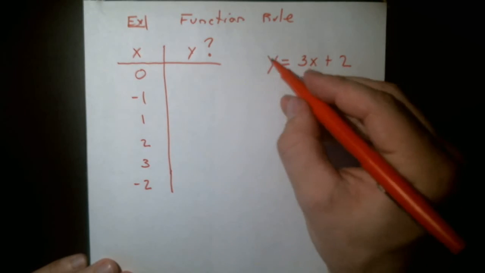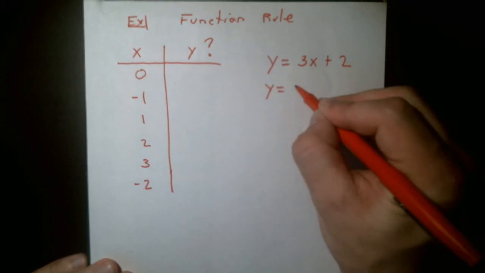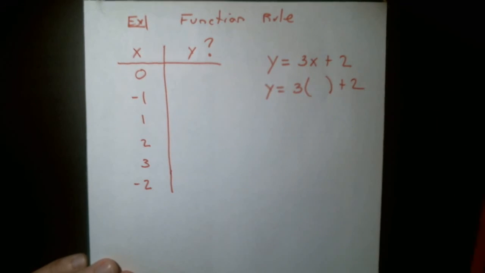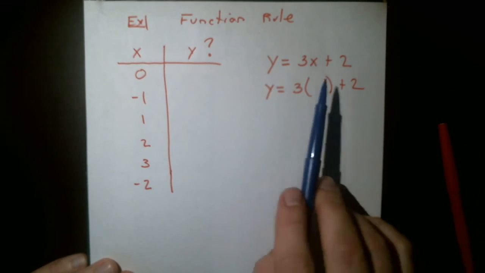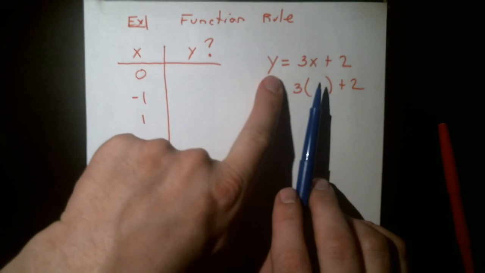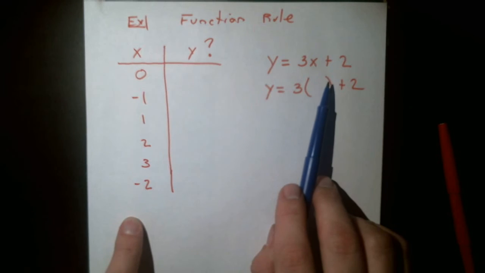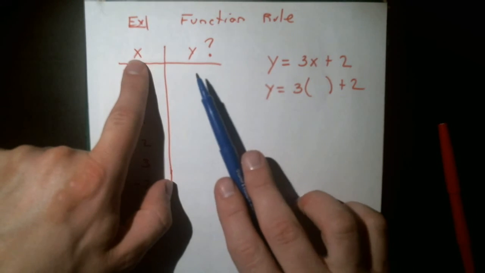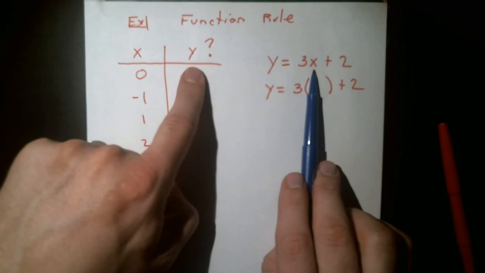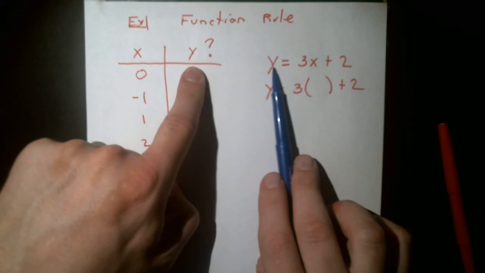And then I'm going to do this: y equals 3 parenthesis plus 2. Why do you think I'm putting a parenthesis right there? Well, if you look at this table, these are your x values. Here's an x. How do you get the output? Well, there's the output.